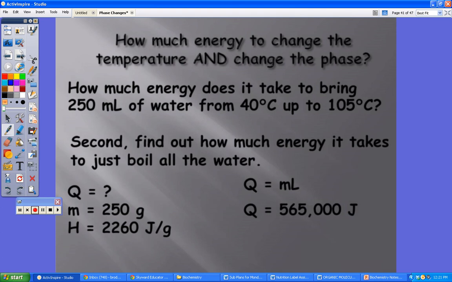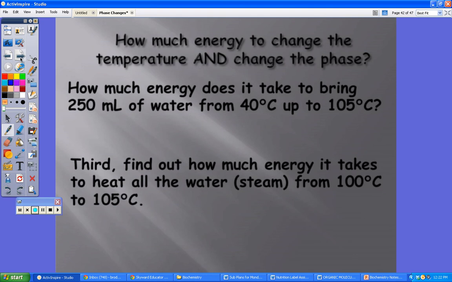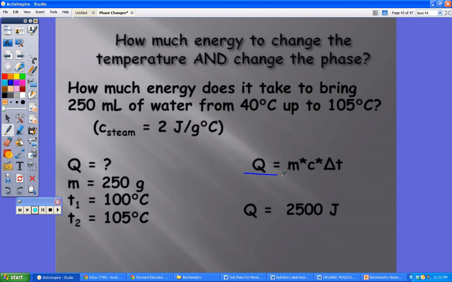The second part, where we are changing phase, this should be the H value here, H of vaporization. That goes in here. So we have our mass, we have our H value, we get 565,000 joules. That's Q2. Our Q3 value is from 100 to 105. So again, we're going to use Q equals mc delta T. Now the C value for steam is different than for water.